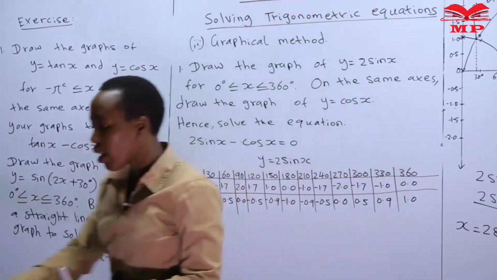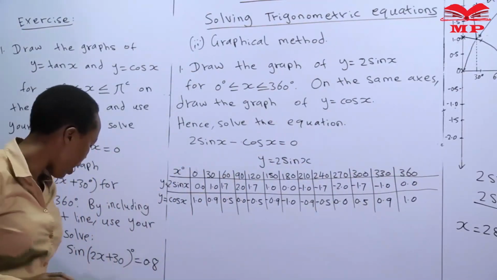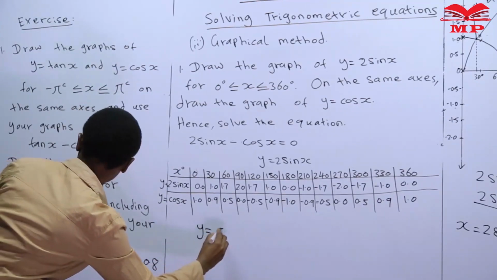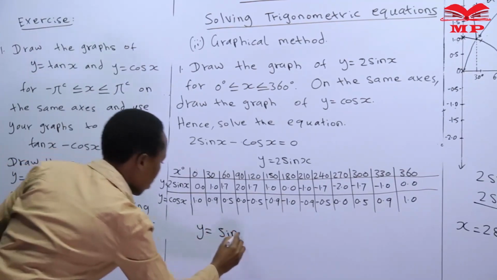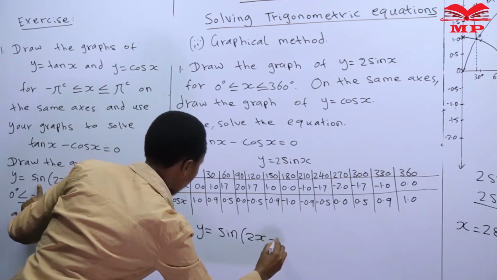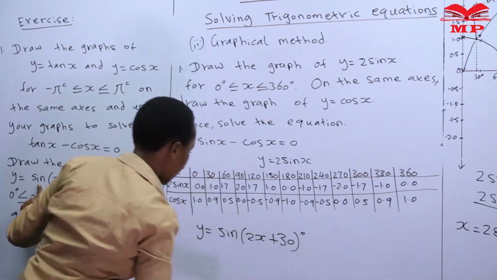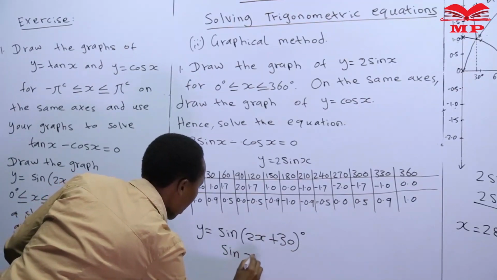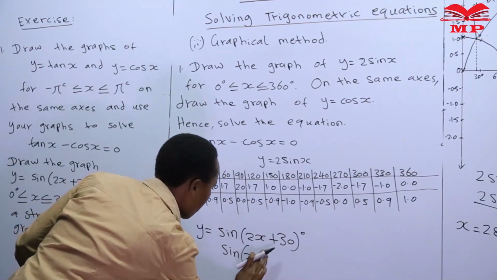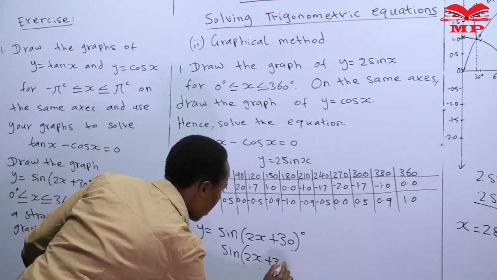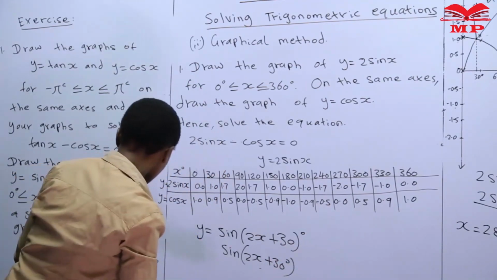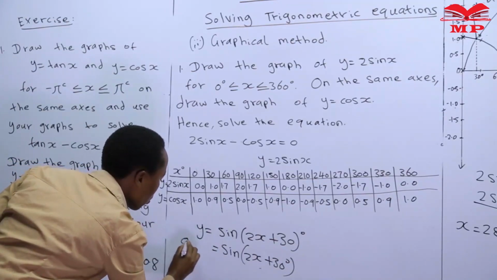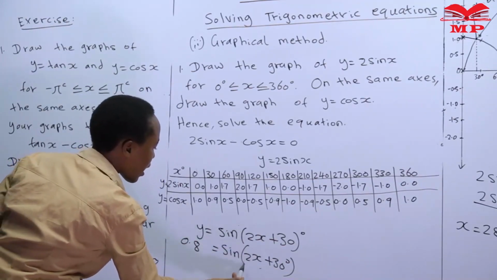So if we look at this part here, in our equation we have y is equal to sine (2x plus 30 degrees). And in this, we have sine (2x plus 30 degrees) is equal to 0.8. So you can see these are the same.